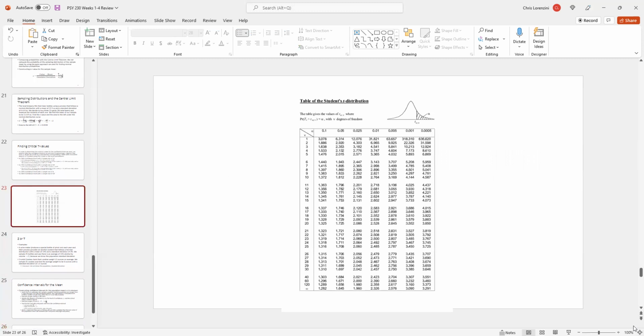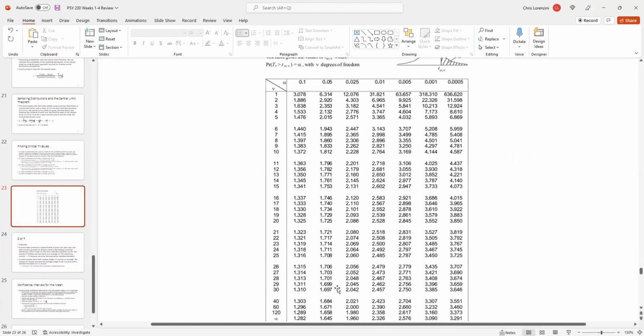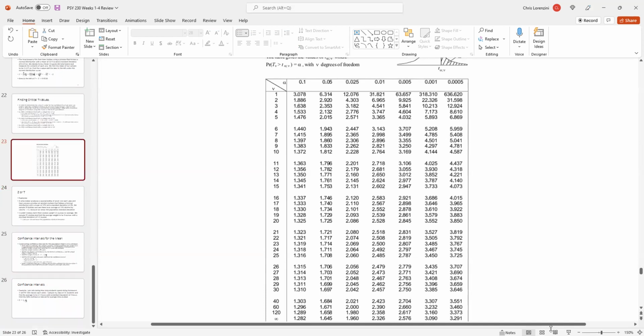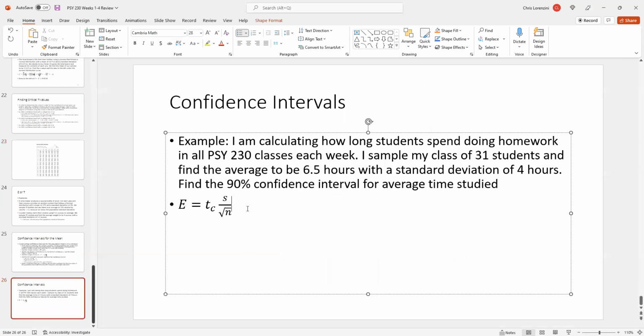So I'm going to go back to my T table. 90% is this second column right here. 31 minus 1, that's 30 degrees of freedom. 1.697 is that critical T value. So critical T value is 1.697.